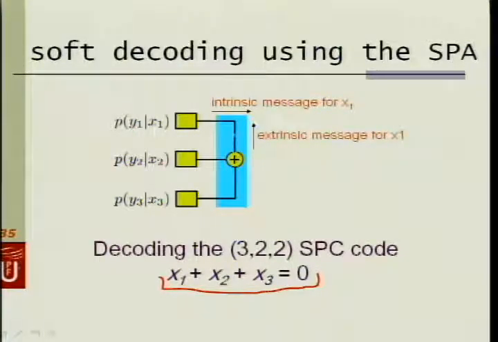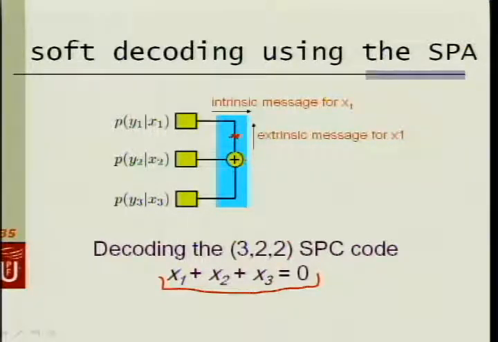Let's focus on the marginal of the first component, x1. The message coming from here comes from our observation of the output of the channel corresponding to the first component. We call it intrinsic. This comes only from the observation of y1 once x1 has been transmitted.